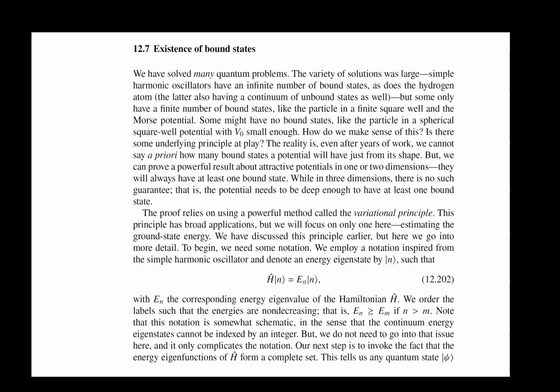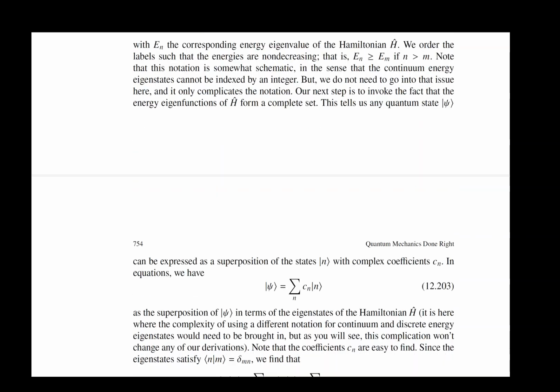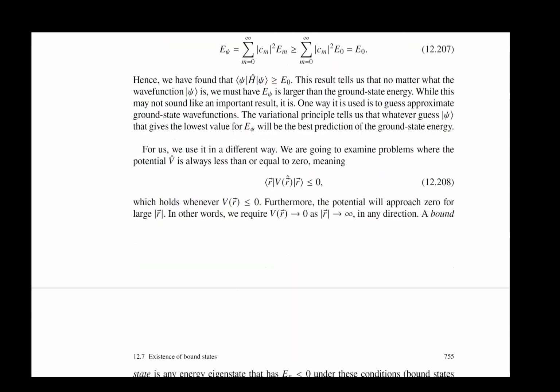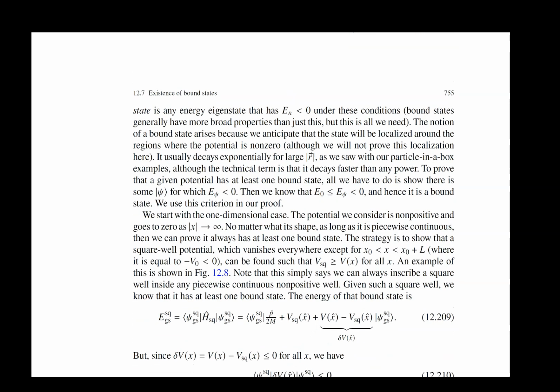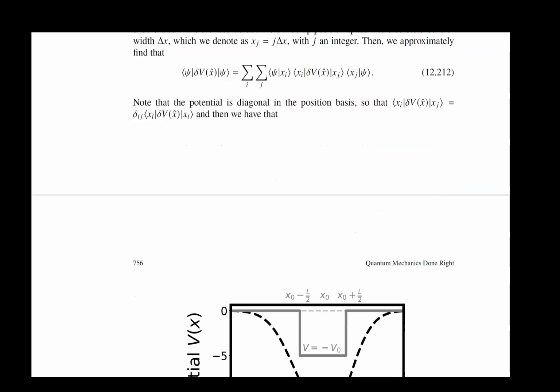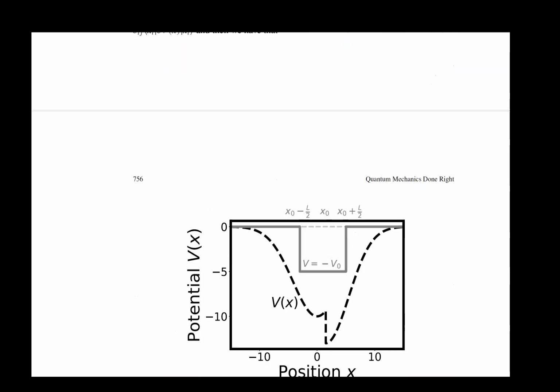To solve this problem, we have to use the variational principle. So we first talk about what the variational principle is. It's often used for approximations. When it's used for approximations, you almost always have to use calculus. We do have a couple of examples that we can do without calculus, but in general, you have to use calculus, so it's something that we're not going to talk about here.